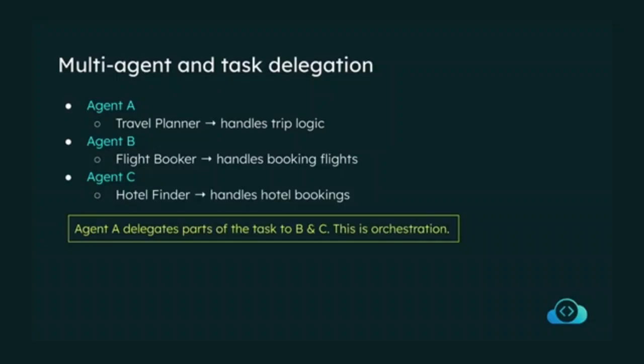You could build another dedicated agent which would just go ahead and book flights for you, and another agent which would find the right kind of hotels for you. So agent A would draft a plan and pass it to B and C to do their respective jobs. So this is called multitask delegation or orchestration in some way.